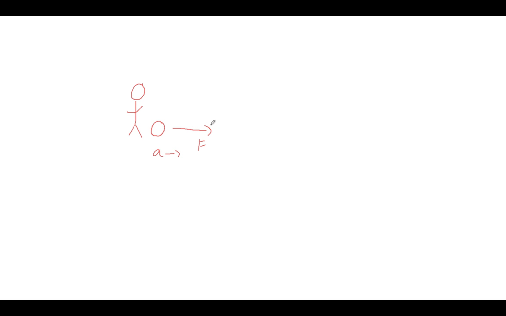It speeds up. Once it leaves the foot, there's no more force, as we saw in Newton's first law, and then it just keeps moving at constant speed. If we double the force, then we also double the acceleration. So that's basically Newton's second law.